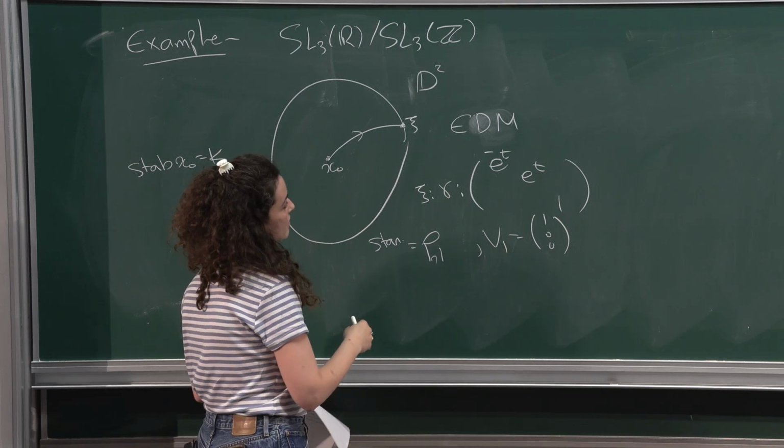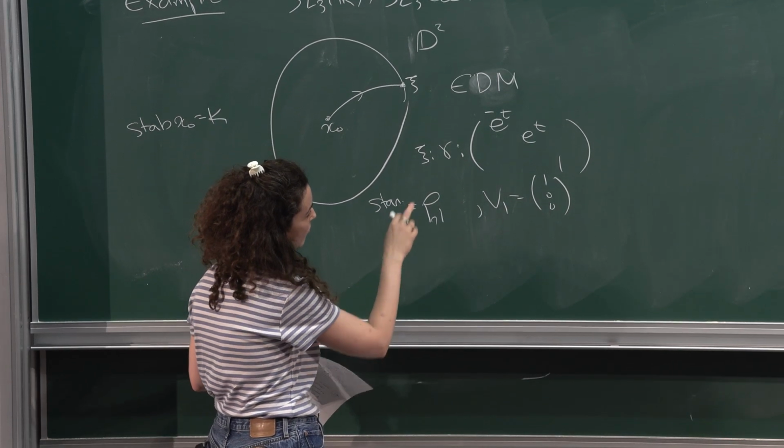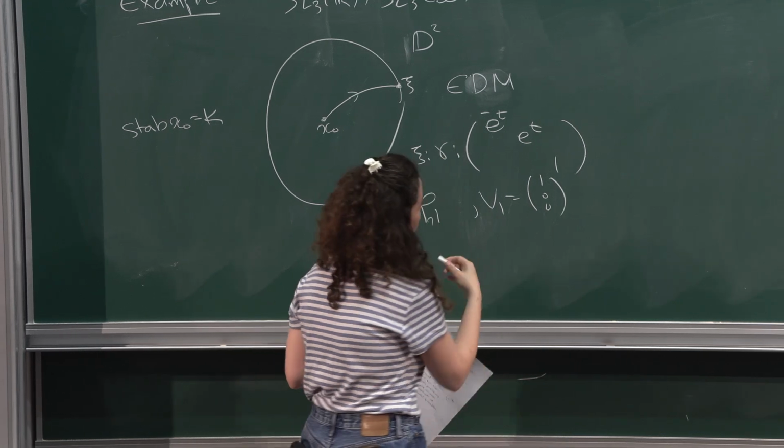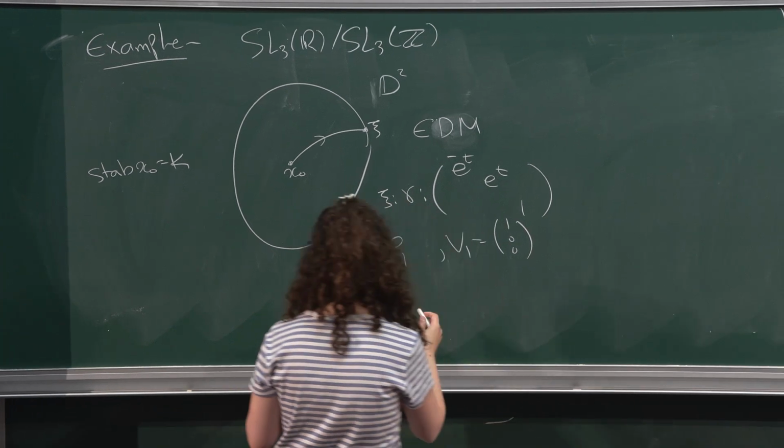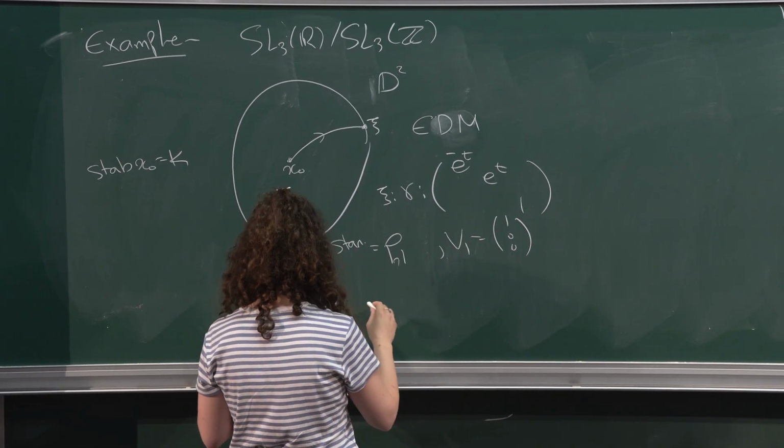But this will not only work for this one. You can take the group stabilizing, normalized by this, which is the parabolic group, right?